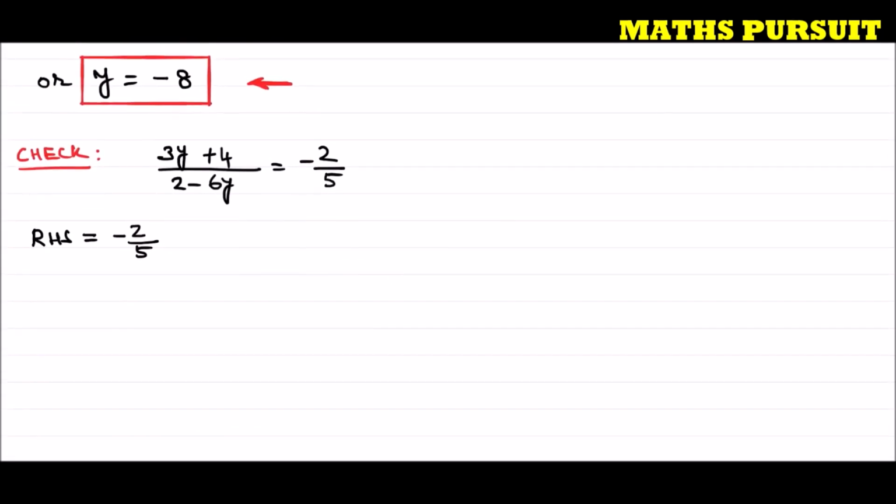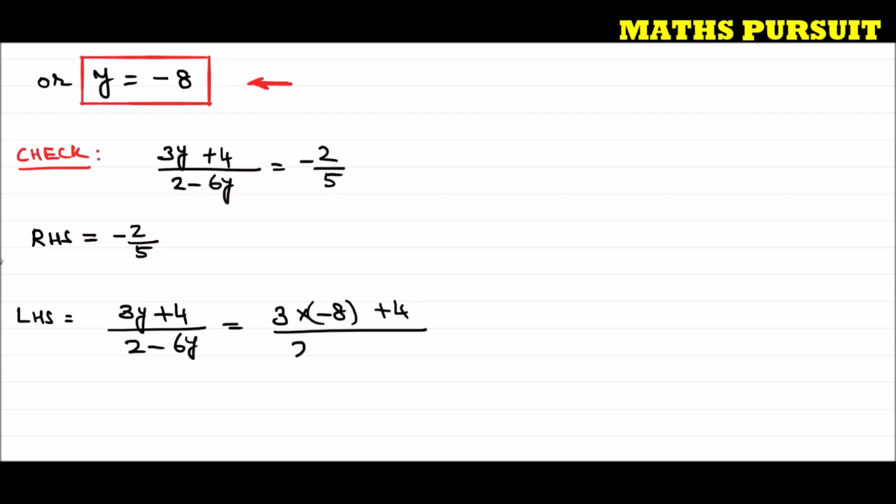The left hand side of the equation is 3y plus 4 divided by 2 minus 6y. Now let us replace this value of y with minus 8. So I can write 3 into minus 8 plus 4 divided by 2 minus 6 into minus 8.